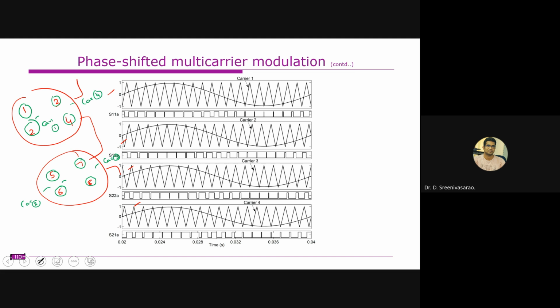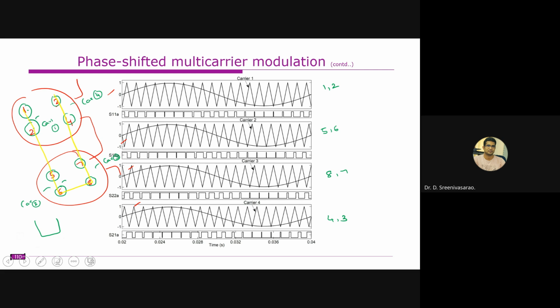So it follows a U shape: first 1 and 2, then 5 and 6, then 8 and 7, and then 4 and 3. This way it is controlled in a U shape.